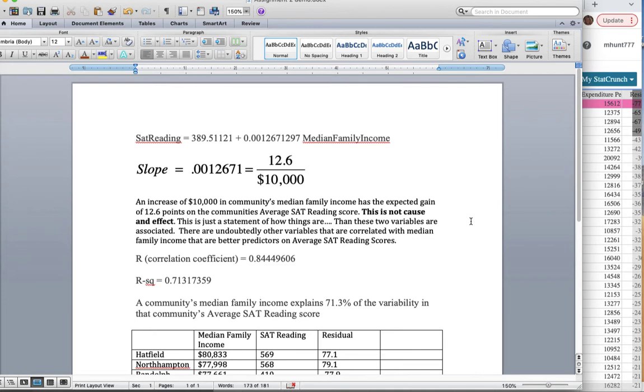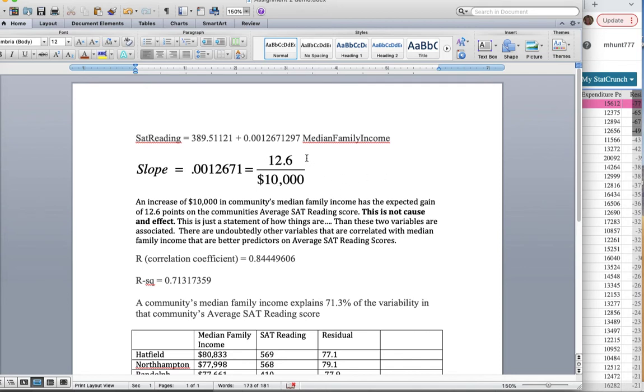So in plain English, reading from the top to the bottom, this is change in Y over change in X. An increase in a community's median family income of $10,000 has the expected gain in percent, this is our Y variable, and the percentage points on the average SAT of 12.6 points.